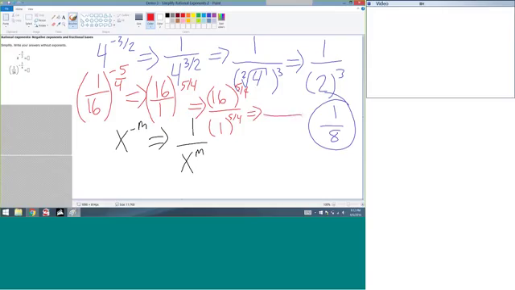Here we have 5 over 4, so that's power over root. So we have the 4th root of 16 raised to the 5th power. And the same thing will happen to the 1, the 4th root of 1 to the 5th. So up in that numerator, the 4th root of 16 is going to give us a 2.